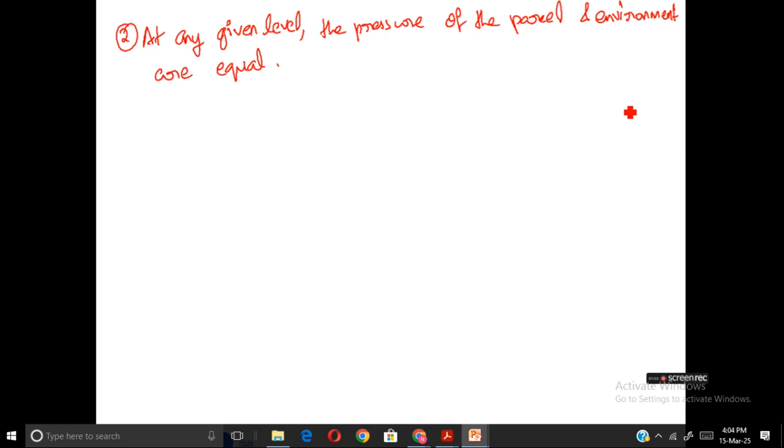So suppose there is a parcel at a level of 1000 hectopascal. The pressure of the parcel, P dash, will be equal to 1000 hectopascal. Now suppose we raise the parcel to a level of 700 hectopascal, the parcel will immediately adjust its pressure so that it will be equal to the surrounding pressure. So at any given level, the pressure of the parcel will be equal to the environment pressure itself. That is another assumption for the parcel, which means P dash will be equal to P.